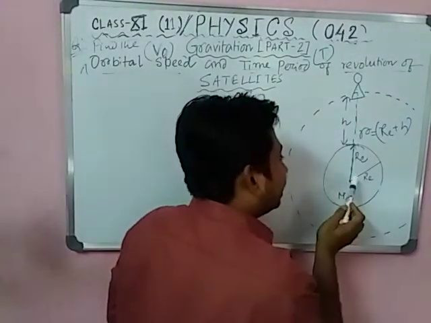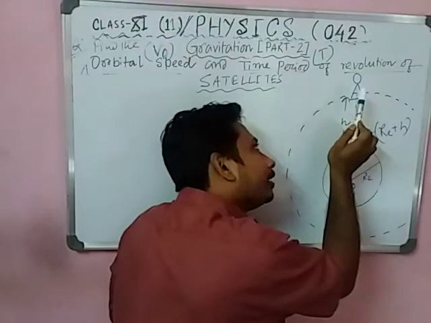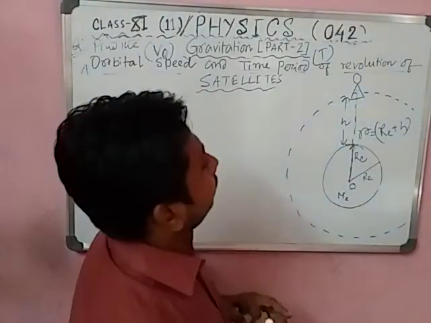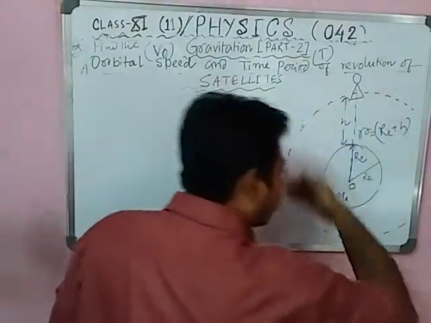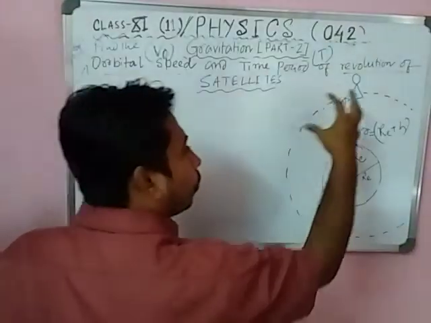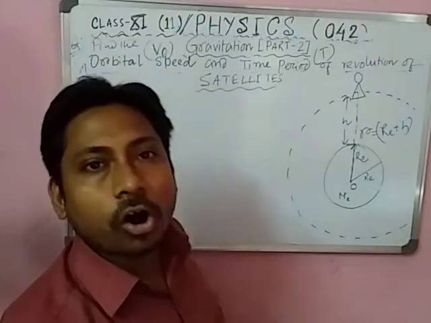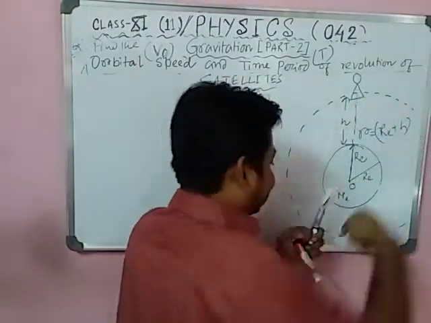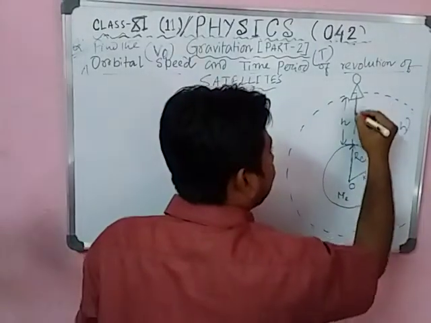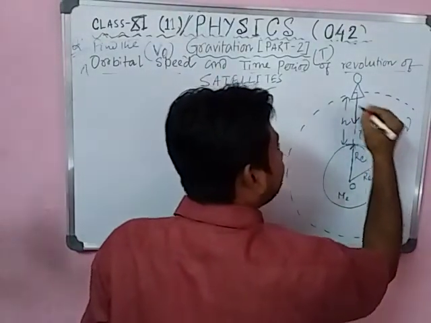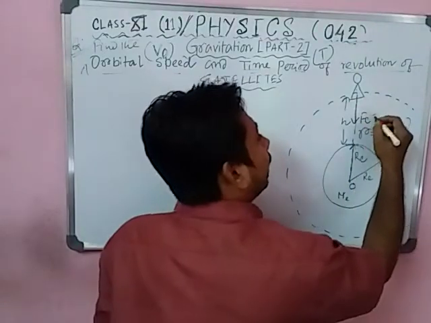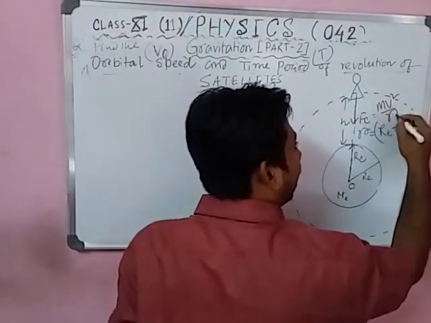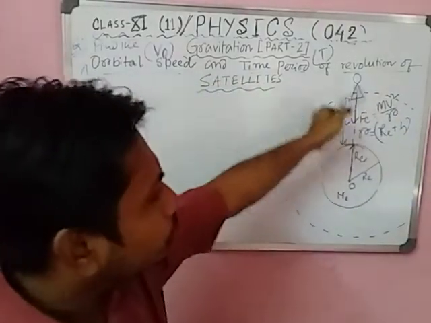Now, why does a body rotate? A body rotates because of the centripetal force, the force which acts towards the center. The centripetal force Fc is equal to mv square by r, where r is the total distance.